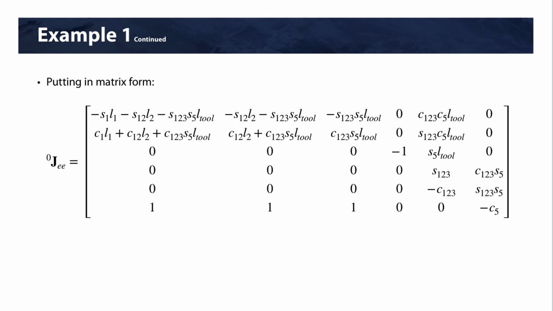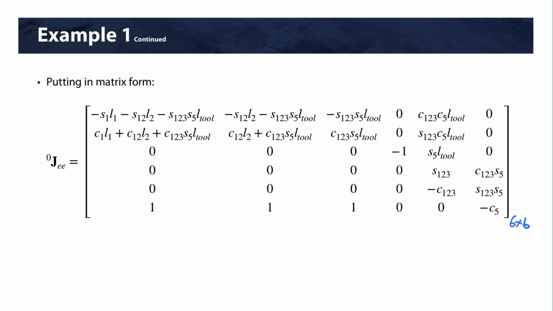It is a 6x6 matrix, because we have 6 joints, so we'll have a column for each joint. Joint 1, joint 2, joint 3, joint 4, which is our prismatic joint, joint 5, and joint 6.